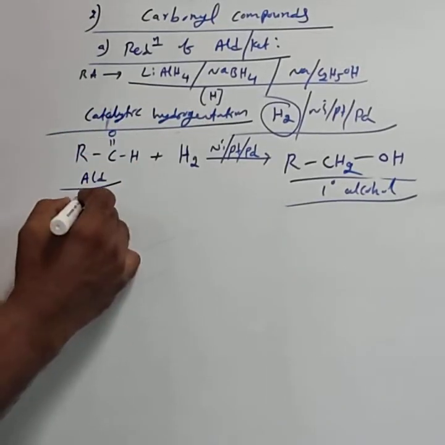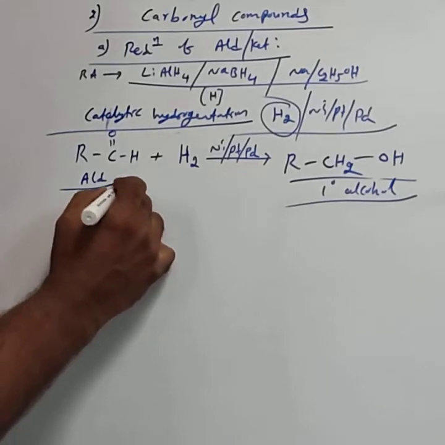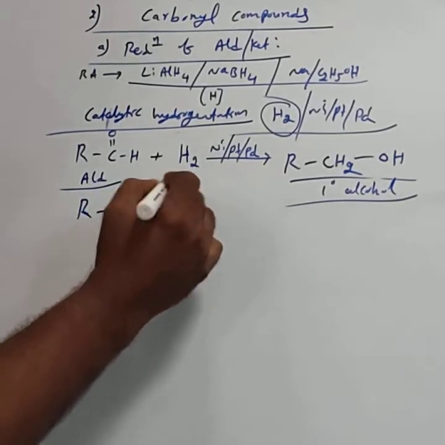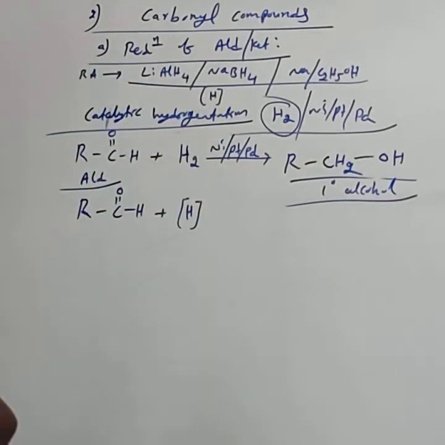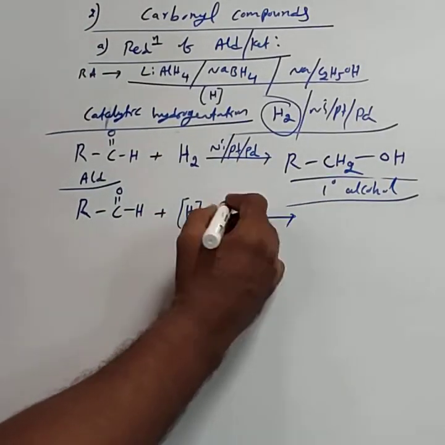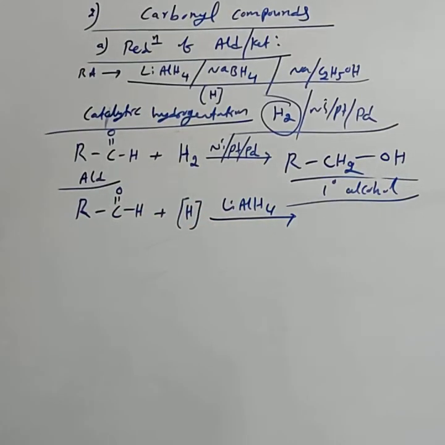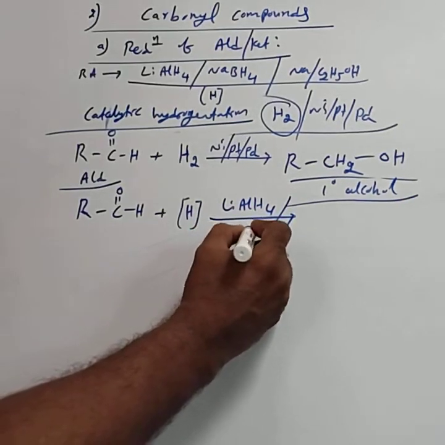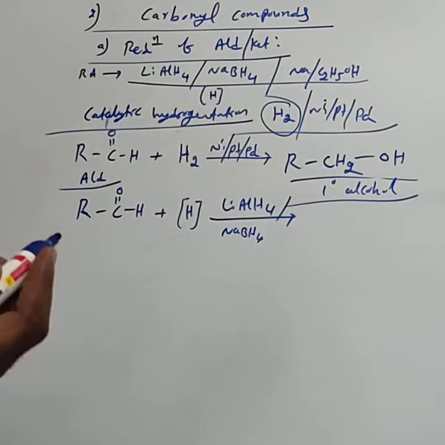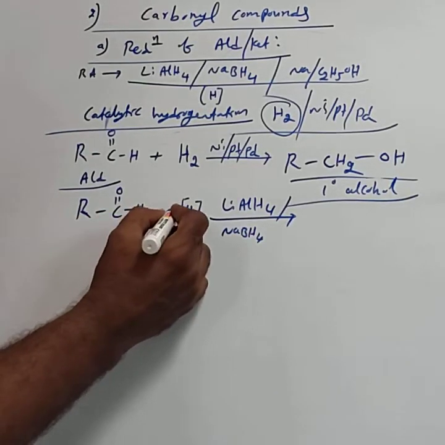Instead of catalytic hydrogenation, you can use RCHO with reduction, which means addition of hydrogen in the presence of either LiAlH4, lithium aluminum hydride, or NaBH4, any reducing agent.